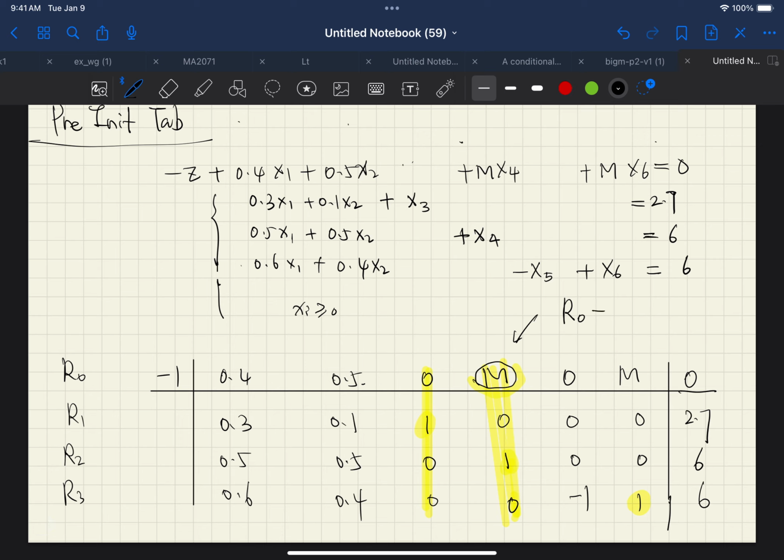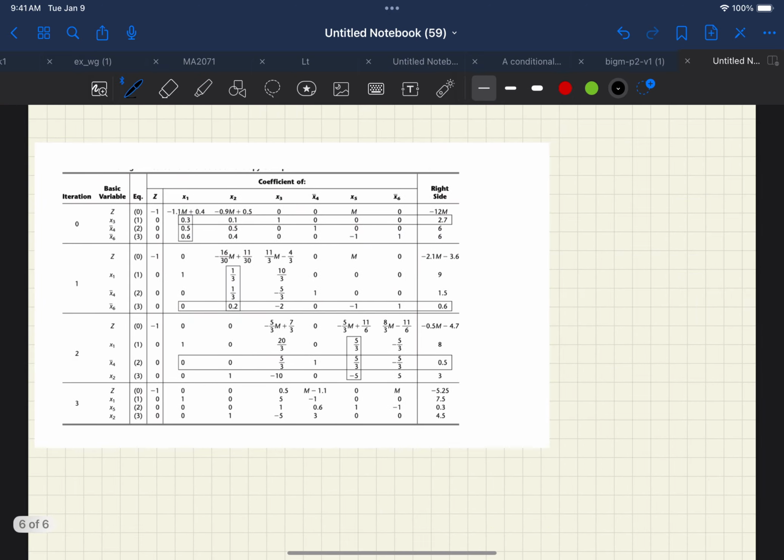So row 0 minus m times row 2 replaces row 0. Now the same thing happens here. If we look at the last pivot, then we have m here to be cleared. So here we do another pivoting. When you pivotize the last pivot column, then we have the following final tableau.